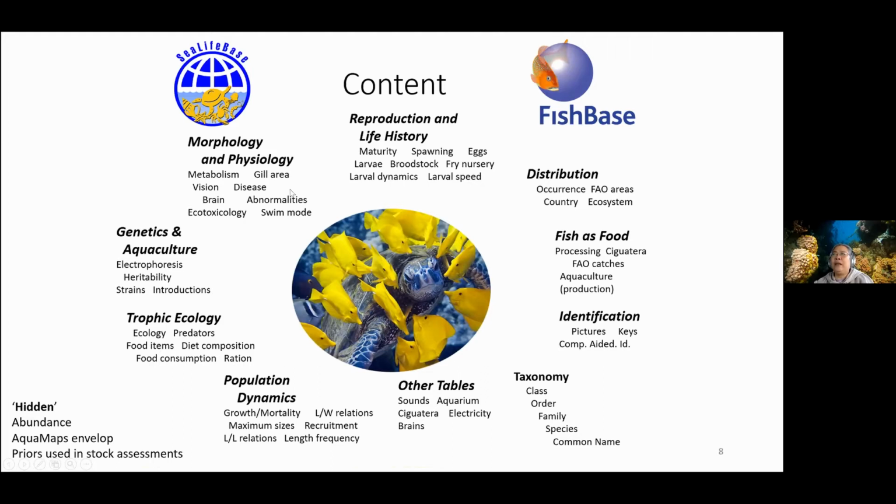That's where we are big at, and reproduction and life history. There are hidden, say, components of both FishBase and SeaLifeBase that are not made available publicly, but are in the databases.